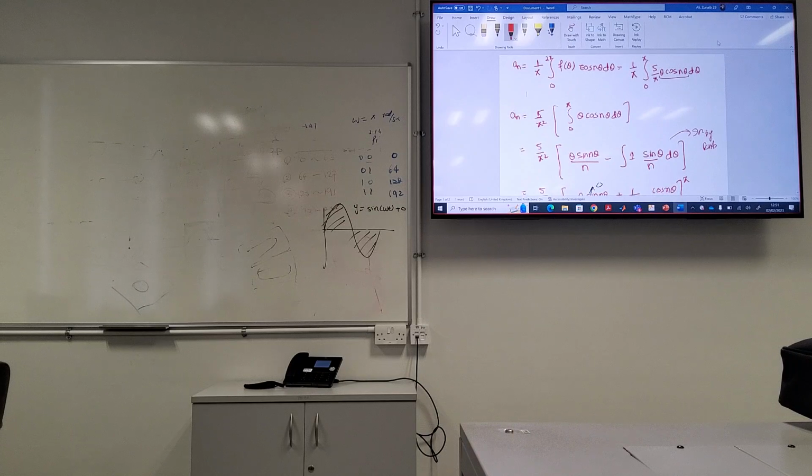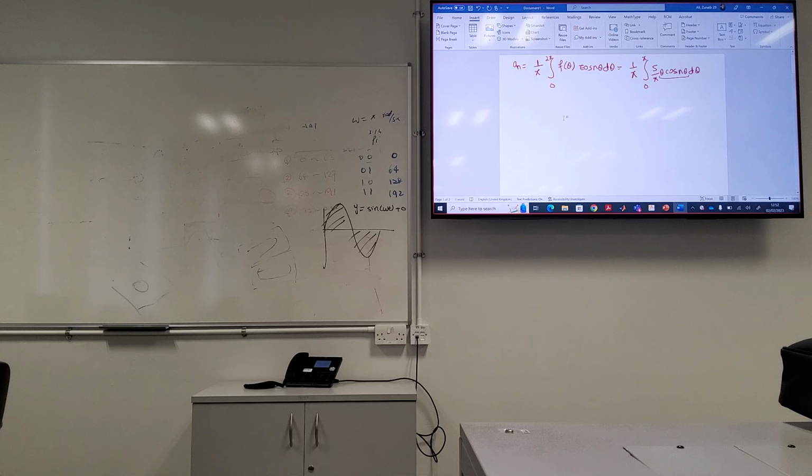Using the same method, we can find bn. What is the formula for bn? 5 by pi, theta sine of n theta d theta, and we can easily solve it.